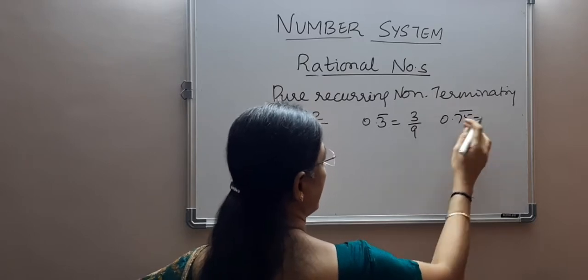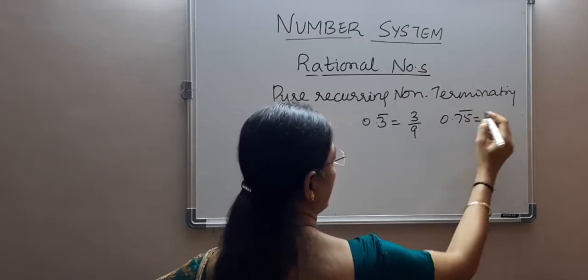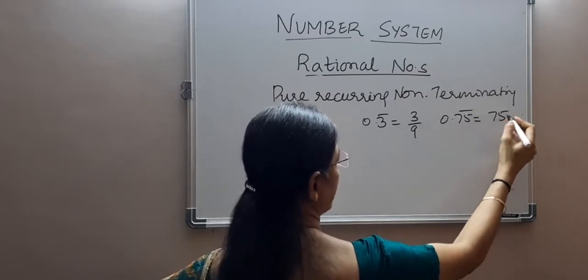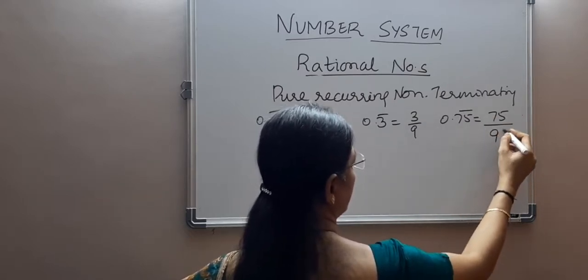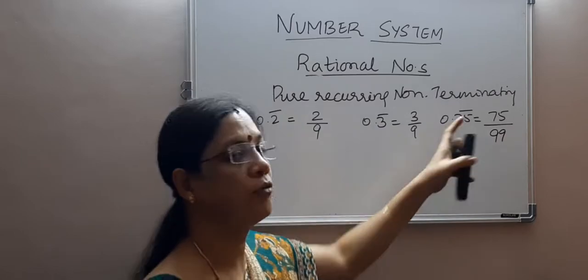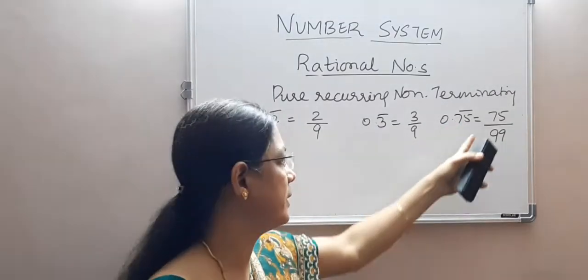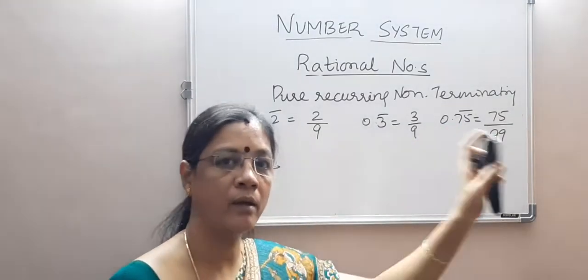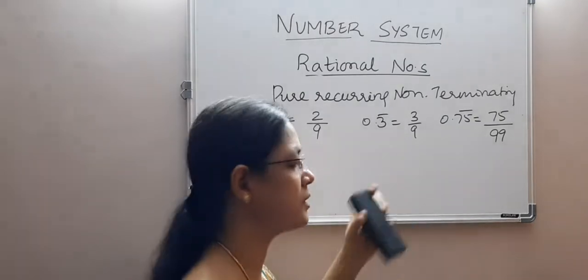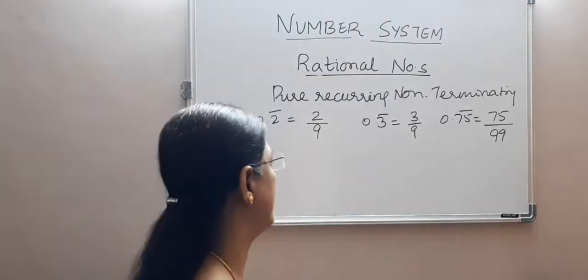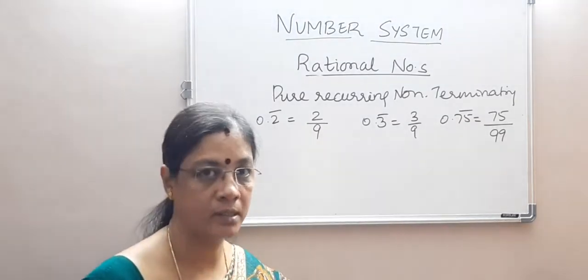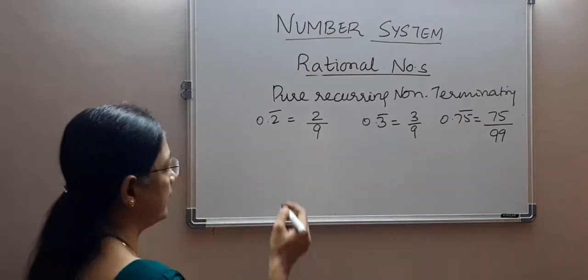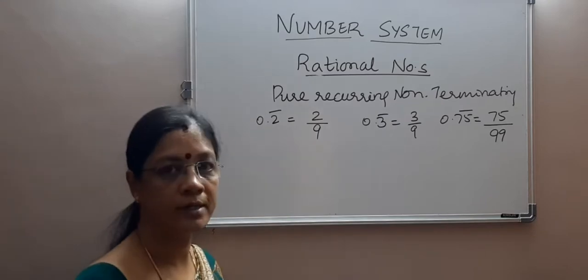For 0.75 bar, I drop the bar and the decimal point, write 75 here, and write as many 9s as there are numbers under the bar. So 75 divided by 99, and you can reduce it to lowest form. So this is the short form for finding the p by q form for recurring, non-terminating, pure recurring decimal numbers.